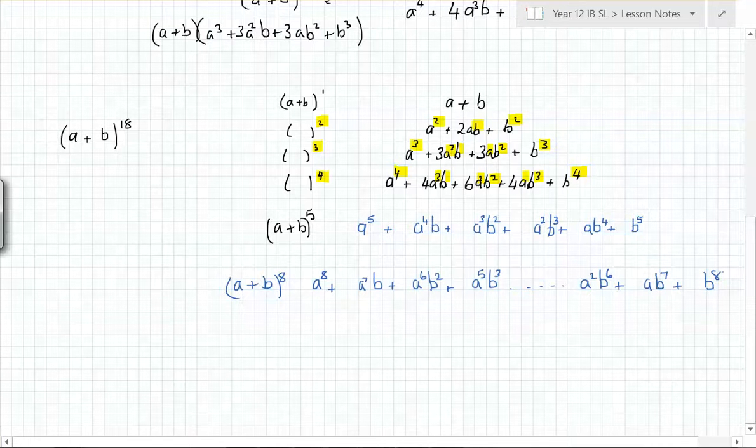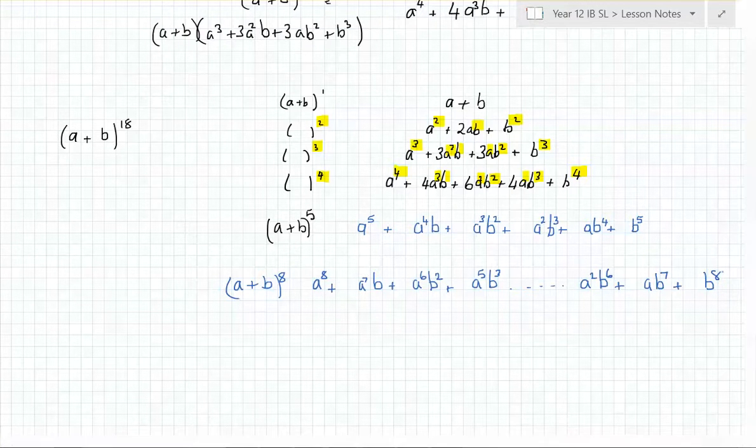Okay? Make sense? So that's the algebra bit. What's missing?